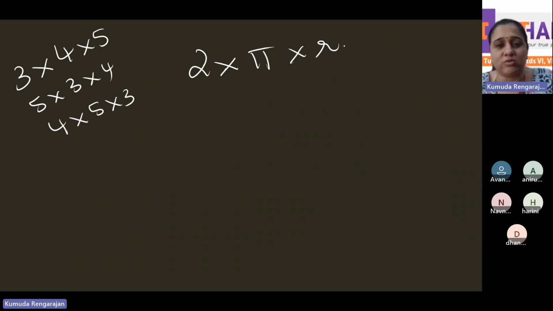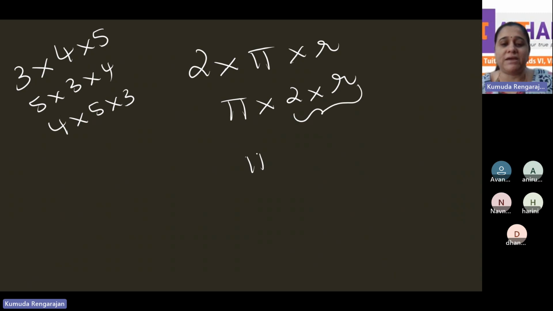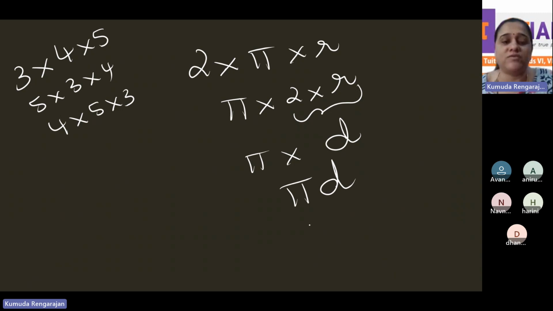Similarly, 2 into pi into r can be written as pi into 2 into r. And what is 2 into r? Diameter. Pi into d. So the other formula to find the circumference of a circle is pi d. If diameter is given, you can use pi d. If radius is given, you can use 2 pi r.